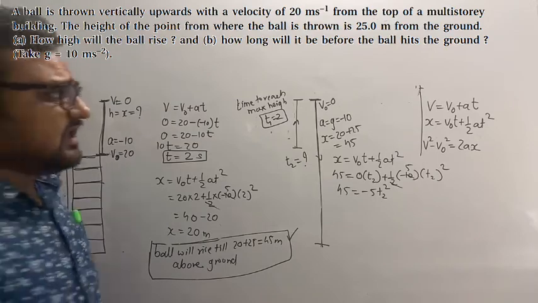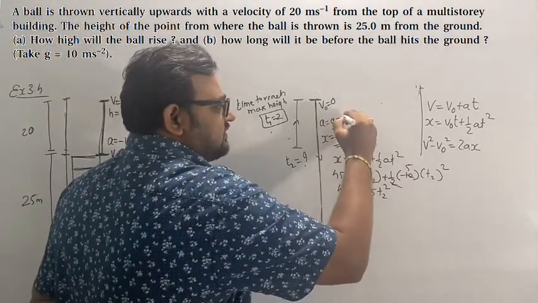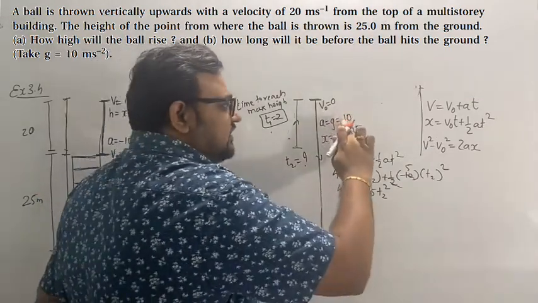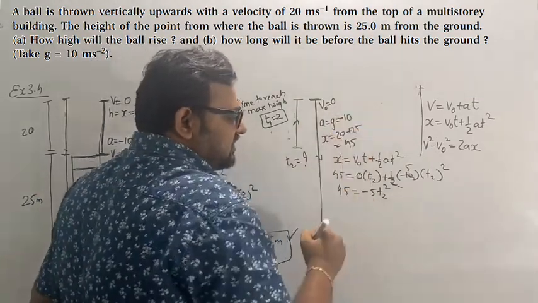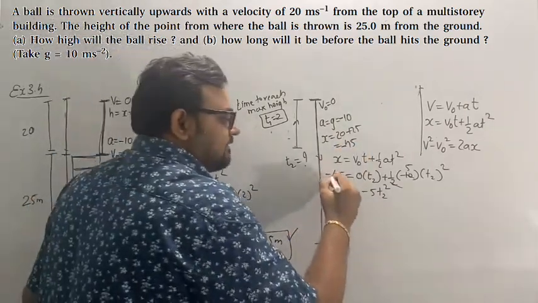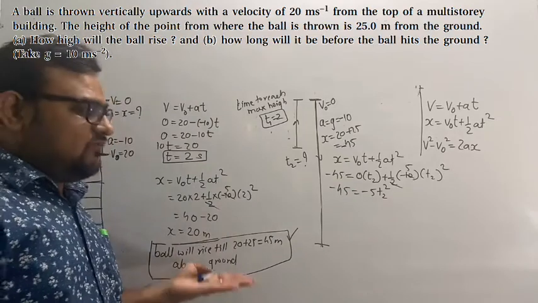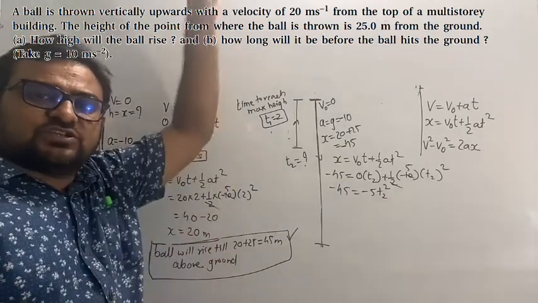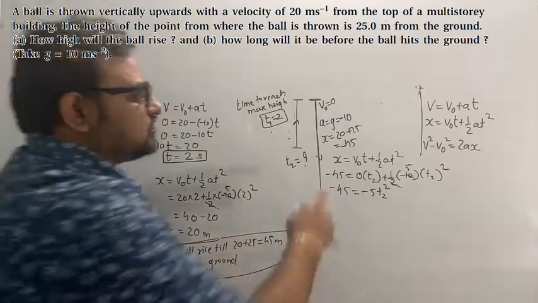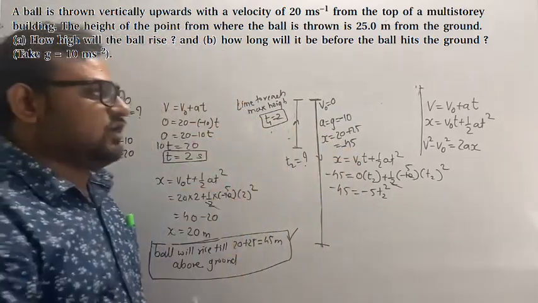Okay, no, no. See, here I will take a equal to plus 10 because the ball is moving downward. Or else I can do one thing. The position x will be minus 45. Why? See, when I take the y-axis positive, it will be upward. When I take downward, it's negative. So x is equal to minus 45.